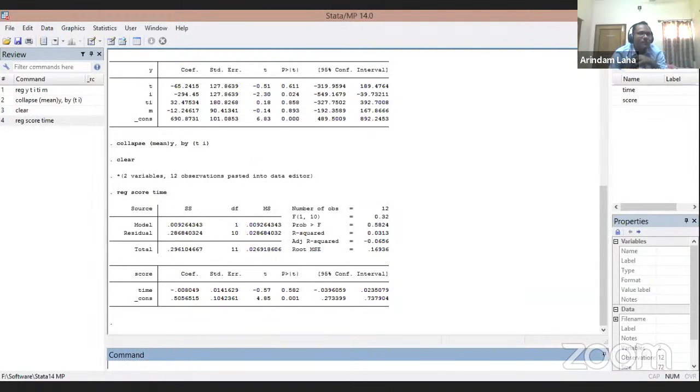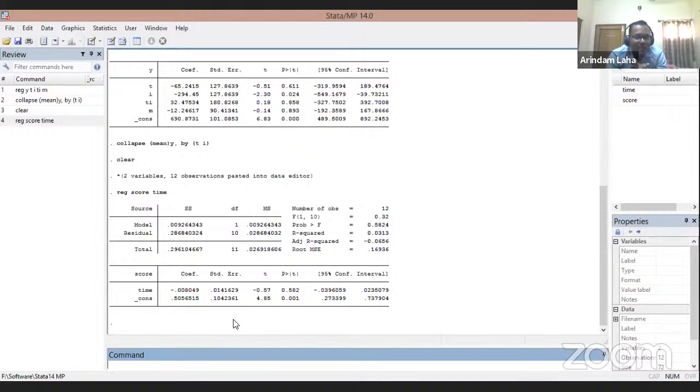Okay, so this is the result. So what have we done? That means score is the dependent variable. Score means the sustainability score for Udhikar only. So you have to do a similar exercise for all other microfinance institutions.